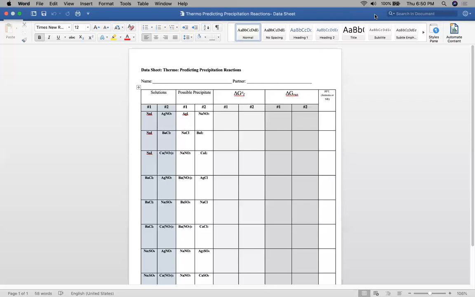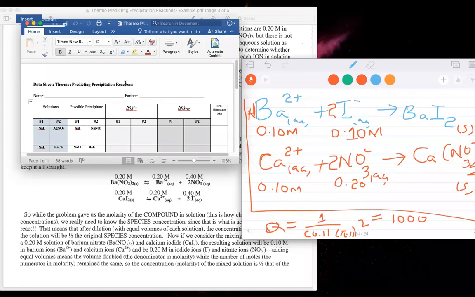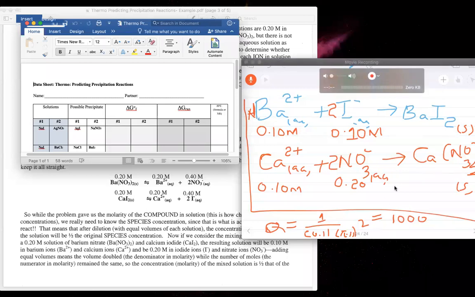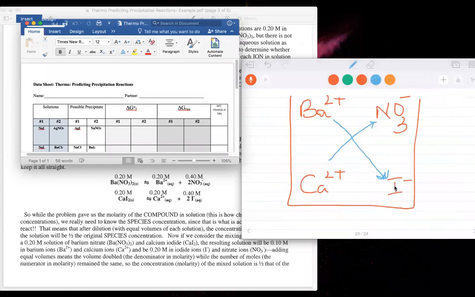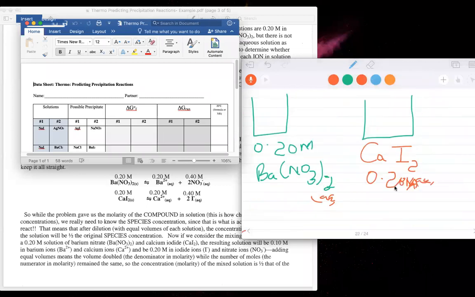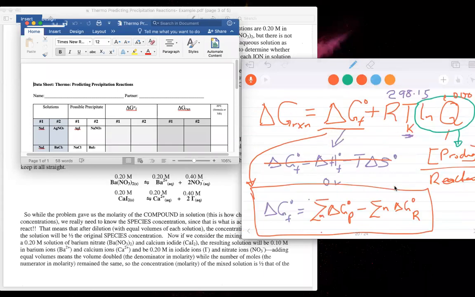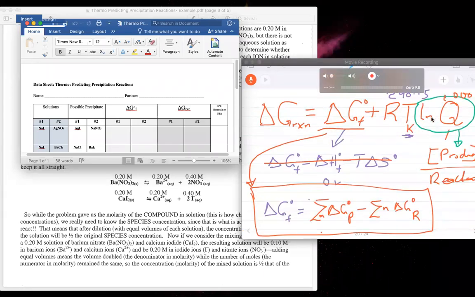Let me just minimize this. I think I can minimize and then we go back and see. So that's how you find the ln of Q, this term right here, and you said there'll be calculation.